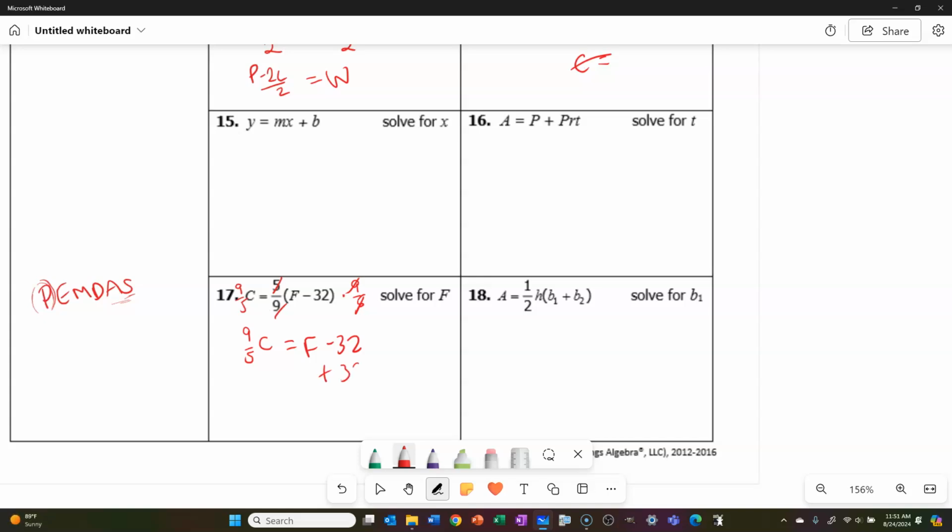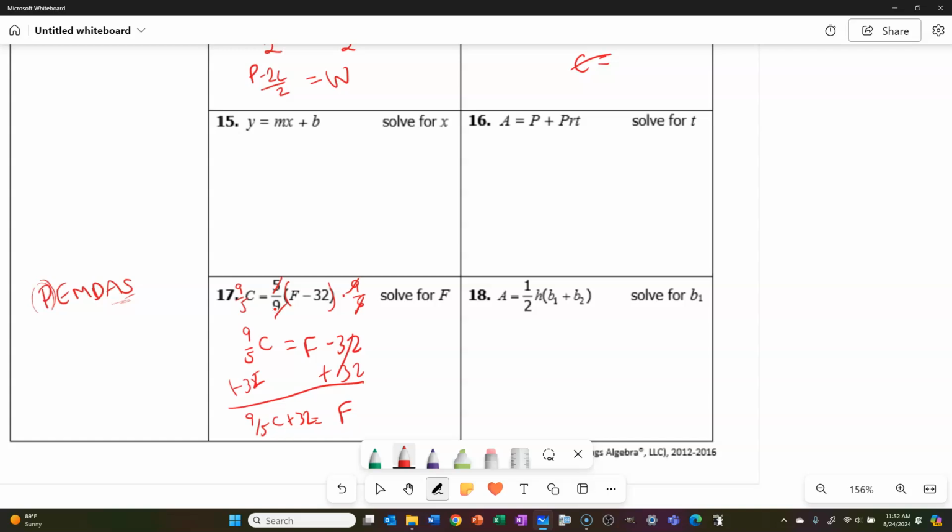So after I get that parentheses isolated, that's when I can start kind of doing the PEMDAS again backwards. See, I got everything except the parentheses, and then I start doing the PEMDAS again backwards so that I can solve. So that would be 9/5 C plus 32.